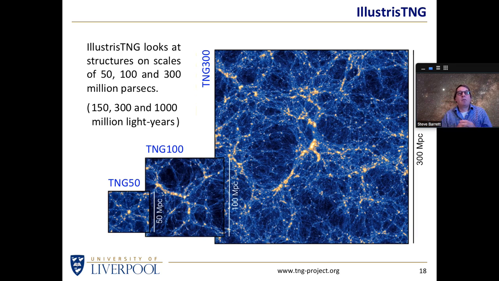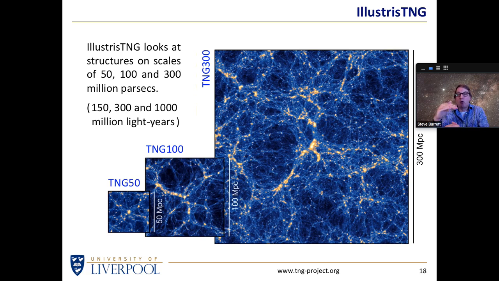We get a number of filaments, a number of voids, which appear to be lower density regions, and on these scales of hundreds of millions of parsecs, we can get a good idea of what the web looks like. But if we want to look at individual galaxies and how they form, we would have to zoom in to some of these high density regions, and that's what TNG 50 is for.